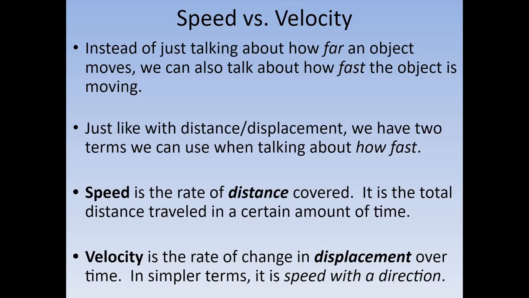A lot of times objects are just going to be moving in a straight line, so you can think of it as speed with the direction. It's important to realize that they're not always the same, and to keep in mind that speed is related to distance and velocity is related to displacement, as we'll talk about in a second.